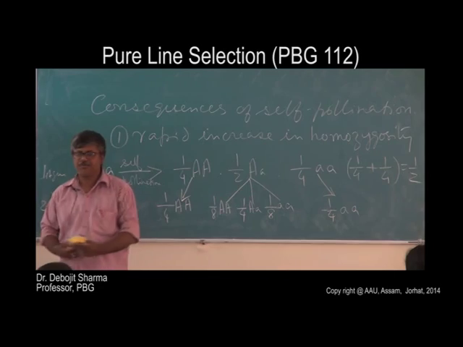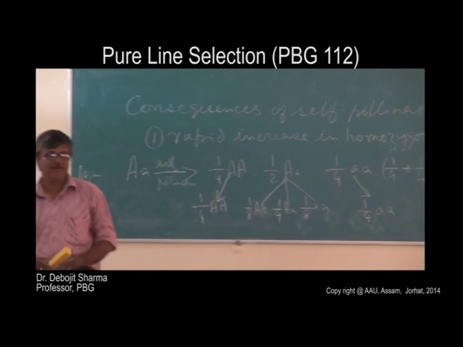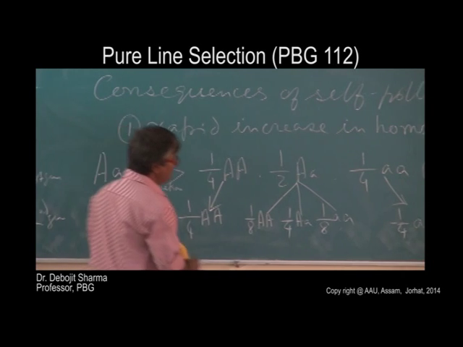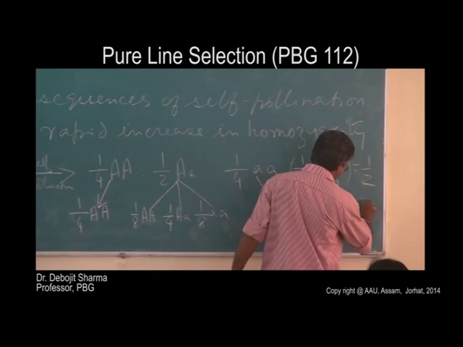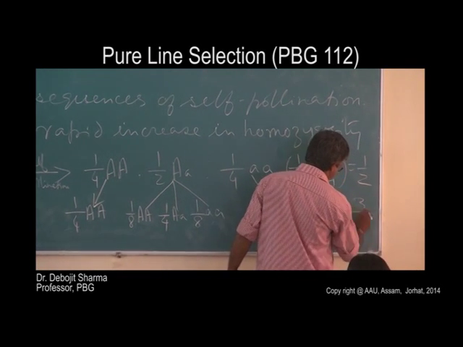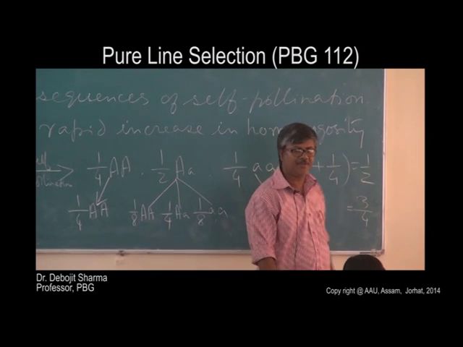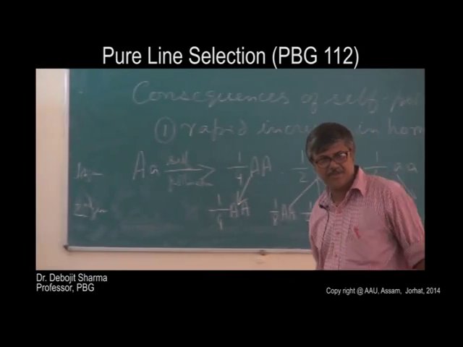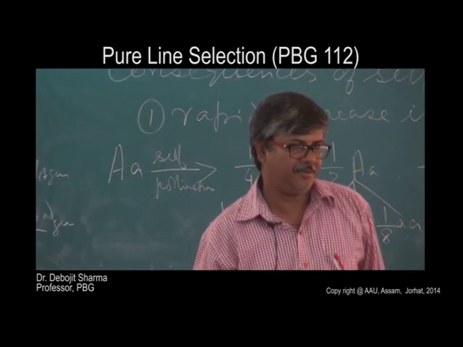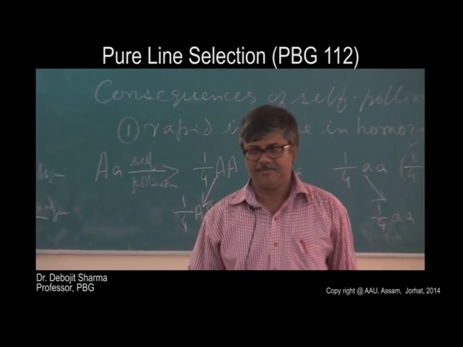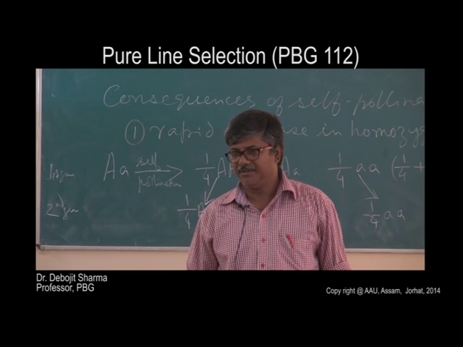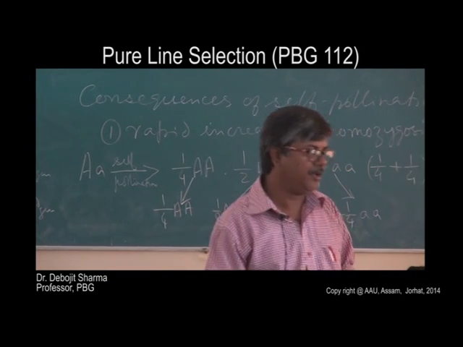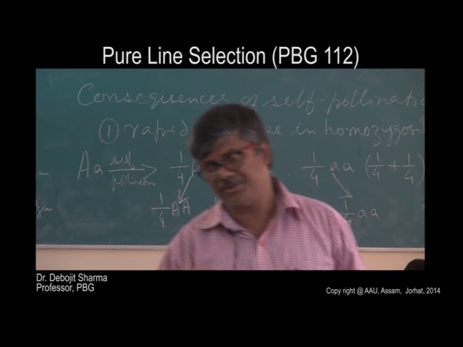Then you find out the proportion: 3/4. You see, 3/4 means 75%, and half means 50%. So there is a rapid increase in homozygosity. Is it clear? The first statement, that self-pollination leads to rapid increase in homozygosity.